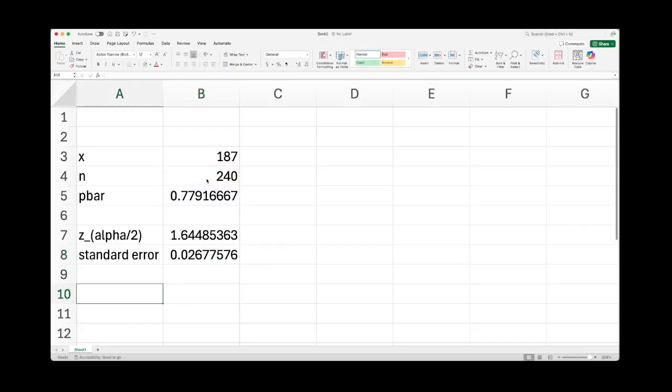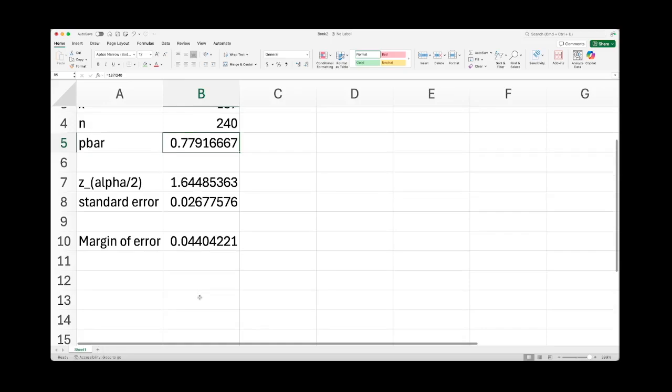So there's our standard error. Our margin of error will be the product of our z value times our standard error. So our margin of error is about 0.044. To get our confidence interval, we'll start at p bar and add and subtract this 0.044 value.